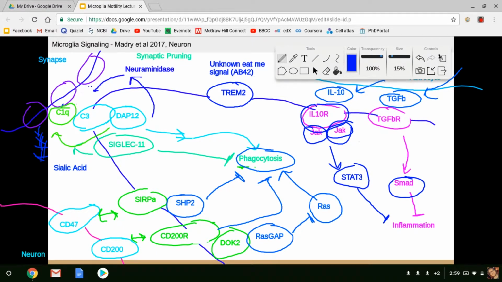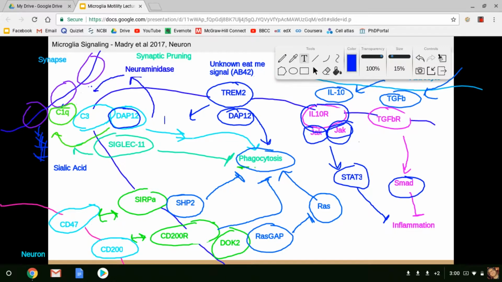TREM2 in some way leads to phagocytosis of its substrate, and it does this also through the DAP12 adapter, as we see over here with C3. And so DAP12 somehow promotes phagocytosis through TREM2, and TREM2 is interesting because it's implicated in Alzheimer's disease, although not very much is known about it.